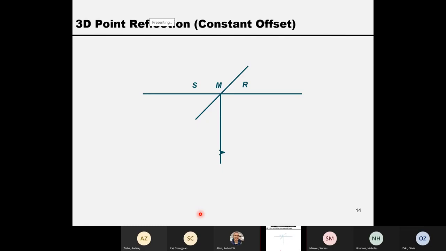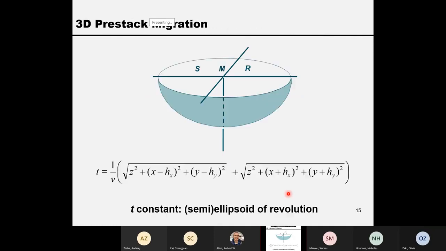For the 3D case, they're almost identical, but the formula here is slightly different because you have offset not only in the X direction, but also in the Y direction, right? Because it's 3D. It's not that complicated, right? Just a simple extension. Nevertheless, this formula is still a double square root.